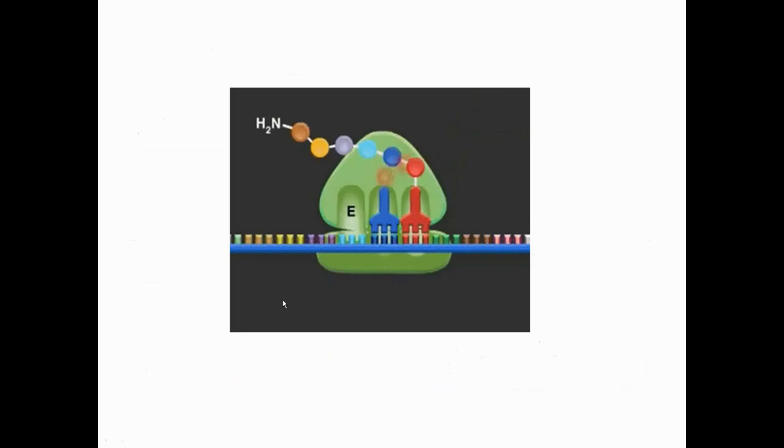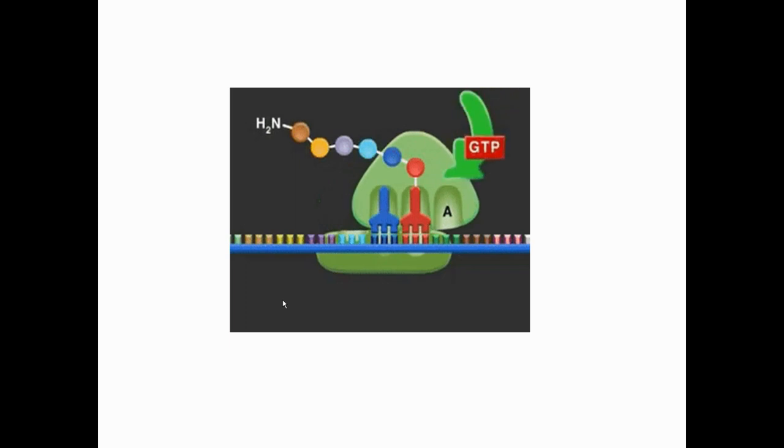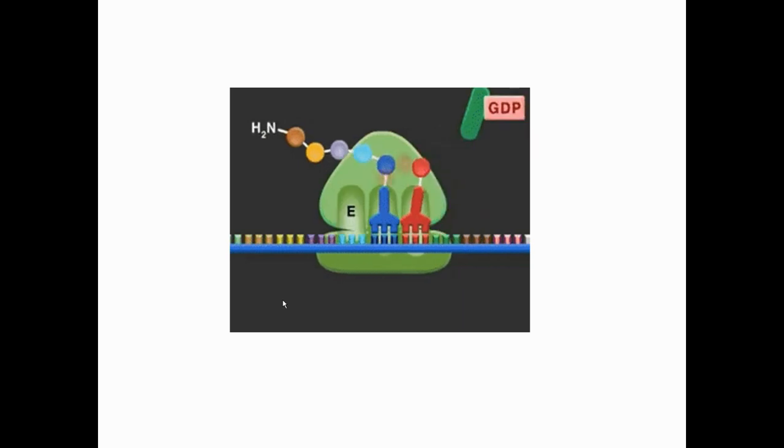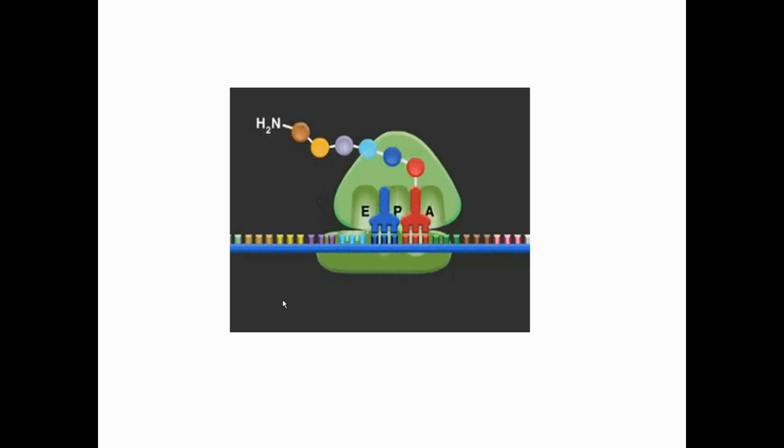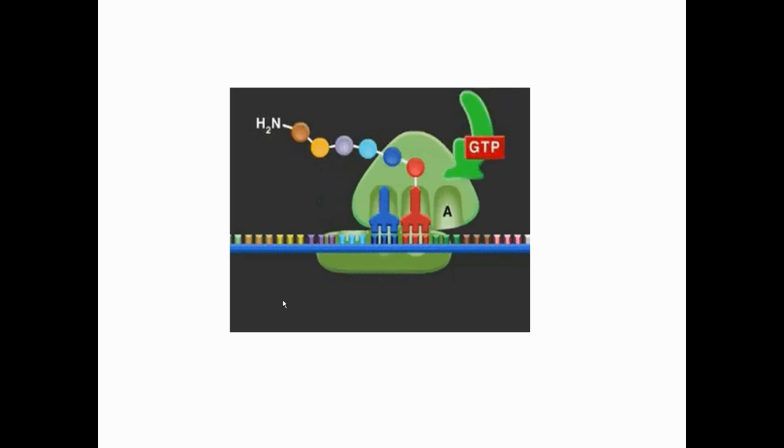This is a beautiful animation of how the whole process is going to be achieved. You can see there is translocation of the whole ribosome from one end, that is 5 prime to 3 prime end, and one by one each codon is going to be deciphered with the help of ribosome and tRNA.